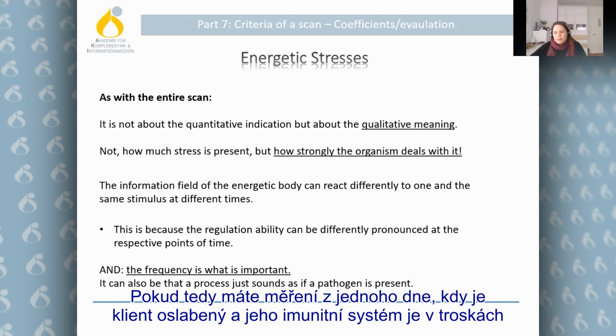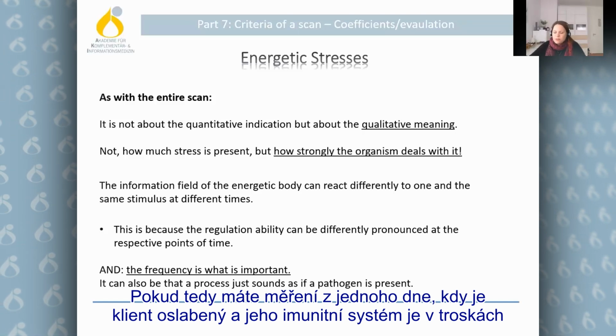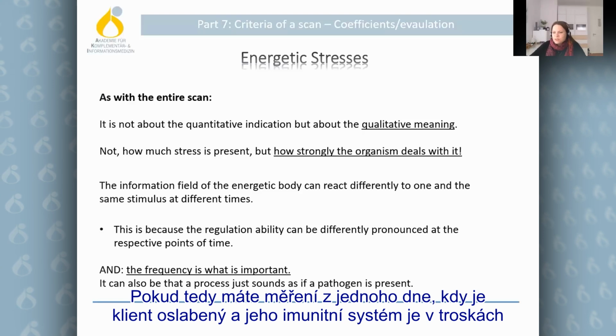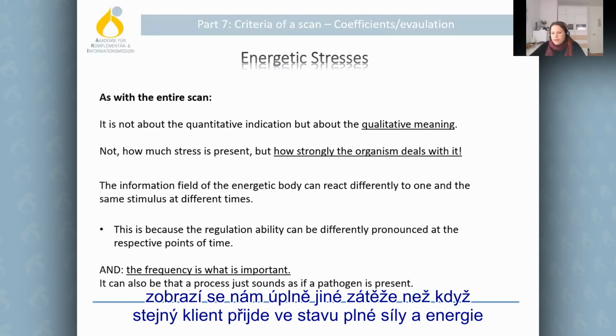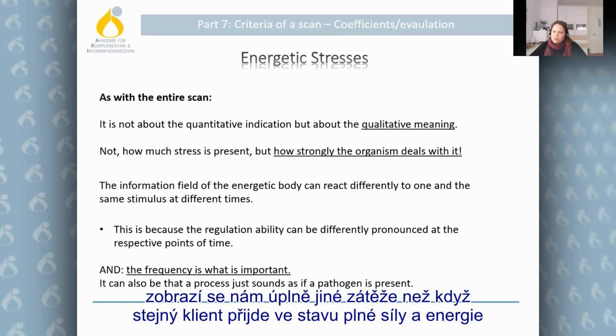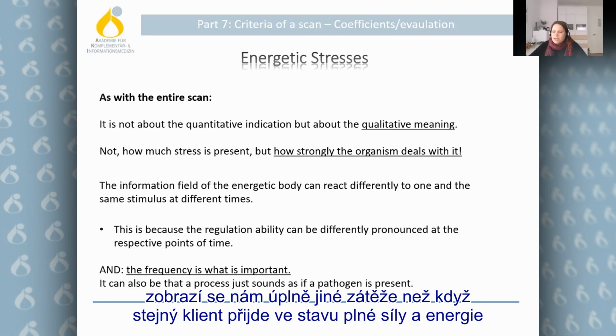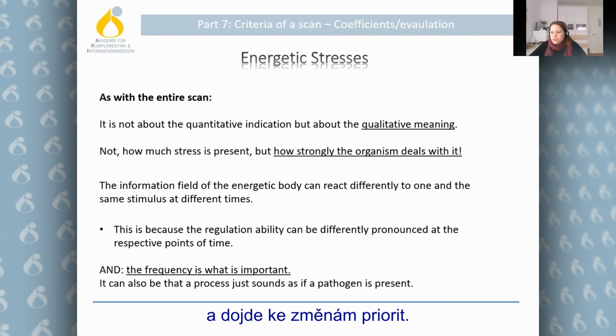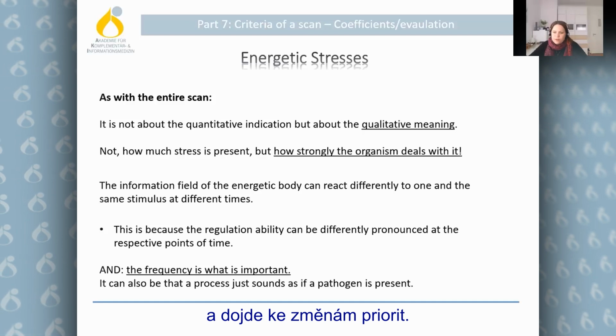So when you have a measurement from one day where the patient is really weak and the immune system is down, you will have other stressors show up than on a day where the immune system is really high and the energetic body is able to work against stresses. So this will change the priorities as well.